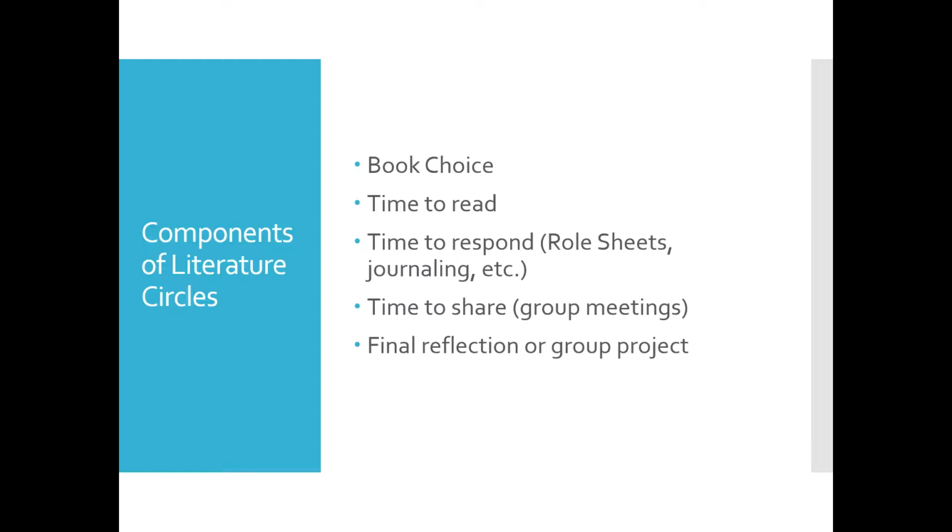You have to give students time to prepare and time to share with their literature circle group. And then once everyone has completed their books, you have a final reflection or some kind of group product that the students will complete to end the literature circle.